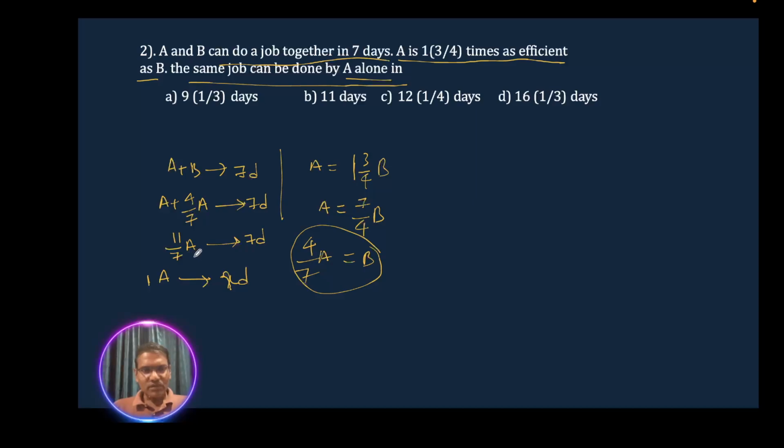So for inverse proportionality, just reverse these two: 11 by 7 divided by 1 equals X by 7. Try to understand. Now simplify. This entire X value gives 7, 7 gets cancelled, 11 days. Okay, A alone can do the entire job in 11 days, right? So that is the way.